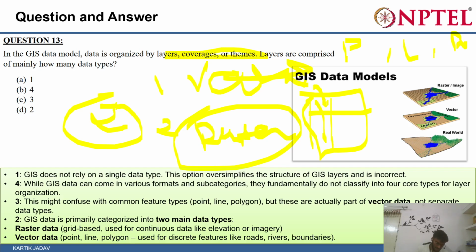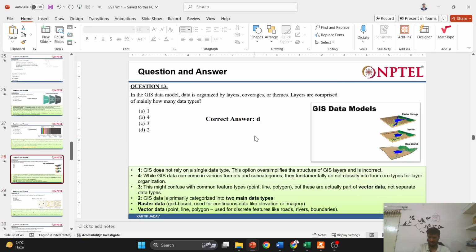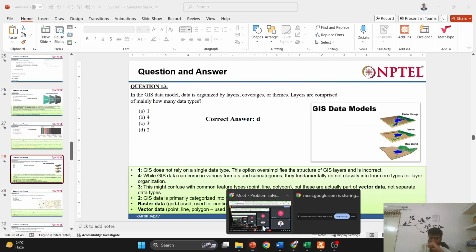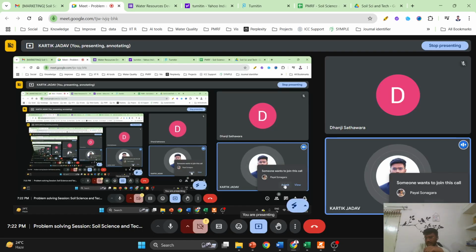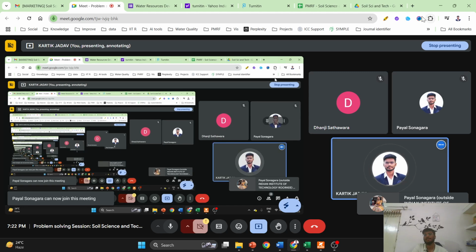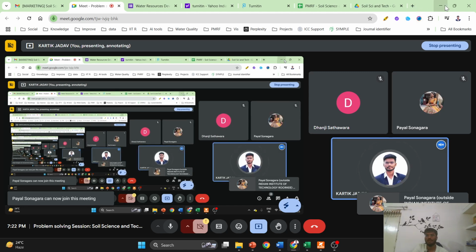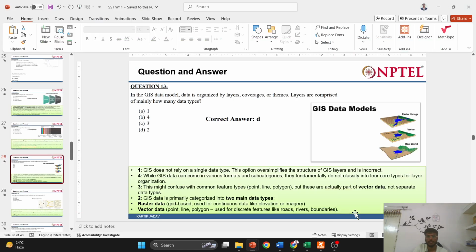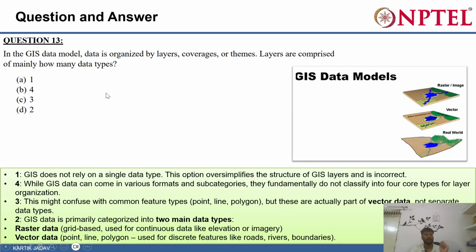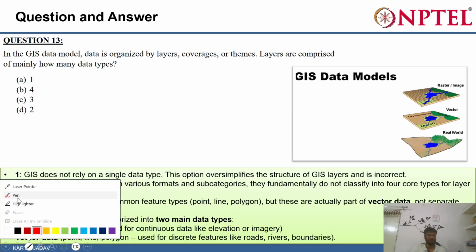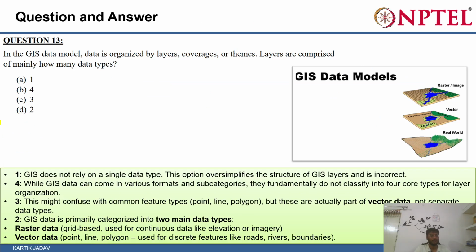So generally for rainfall data, temperature data, or certain other environmental parameters, we use raster data. So the correct answer for this question is 2, option D.